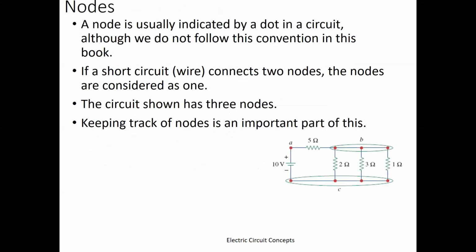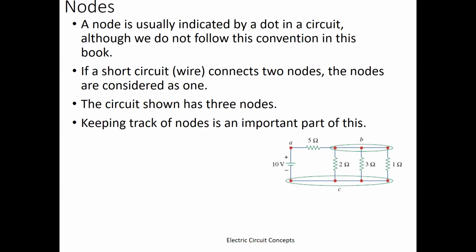Okay, let's talk about nodes. A node is usually indicated by a dot in the circuit, although we do not follow this convention in this book. So what it means here, if we look at these three dots, they are not three nodes.